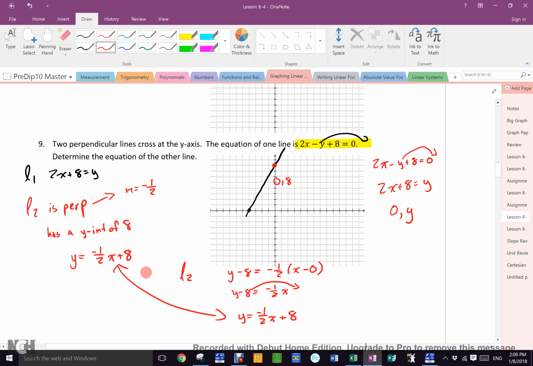Is everybody good? Because technically, isn't slope intercept form just point slope form? Because isn't that y-intercept just another point on the graph? Is everybody with me? Everybody cool? All right.